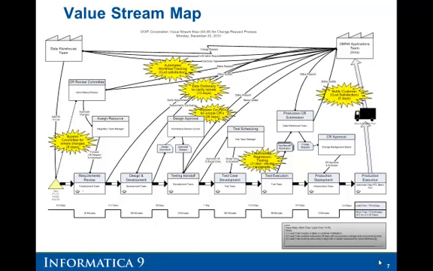Now, one technique that's applied quite often to improve the process is what's called a value stream map. What you do is you take a project that maybe you completed fairly recently, get some of the key stakeholders, go into a room with some post-its and a whiteboard, and use the post-its to identify the steps in the process that you needed to take to complete the project.